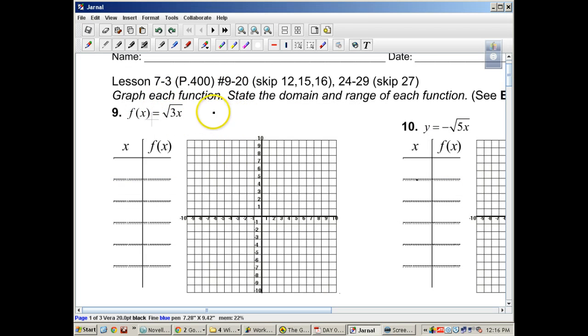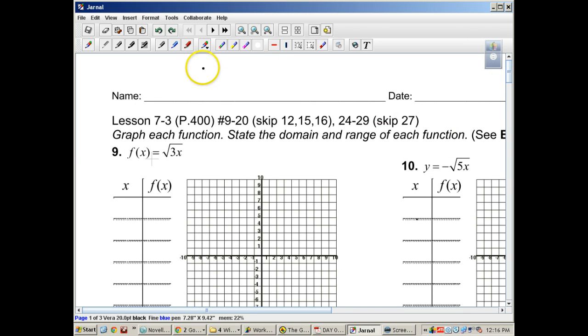And what you're going to do for every problem, we can even write it above here, write the name. How do you get the domain?